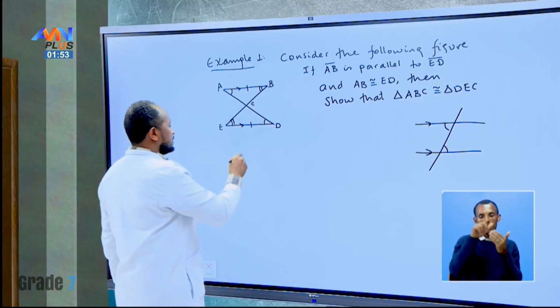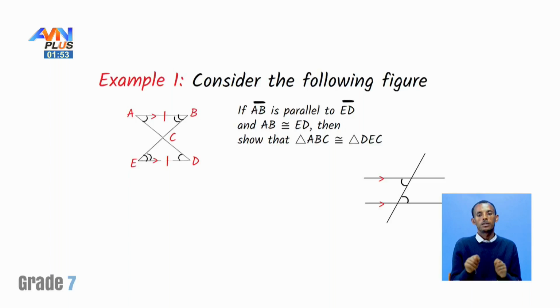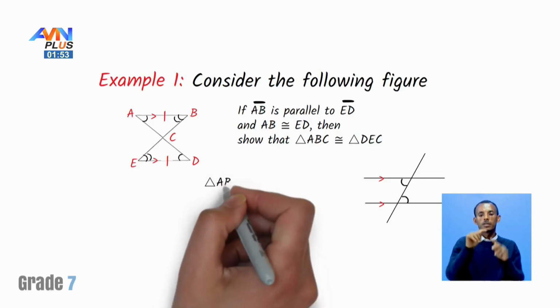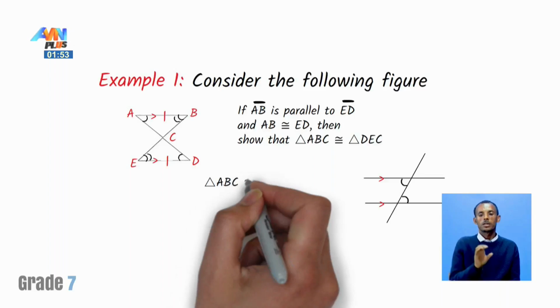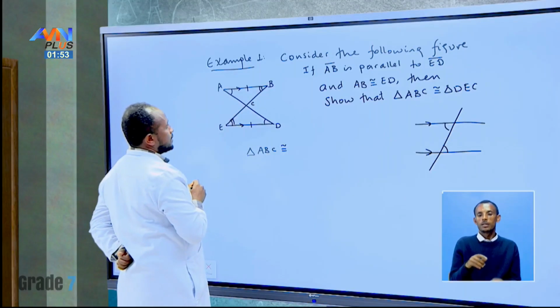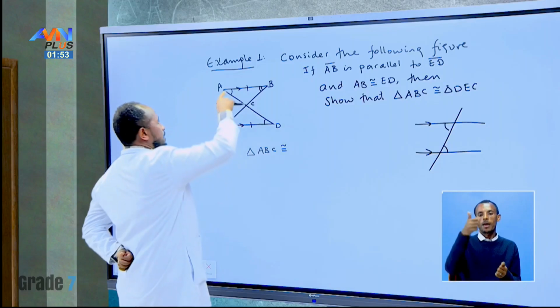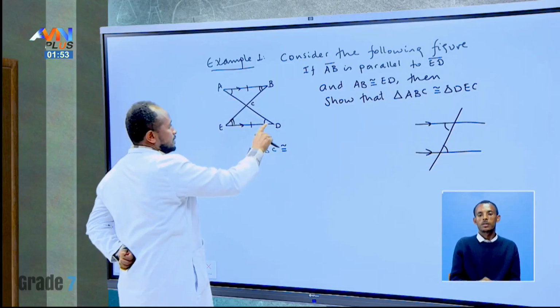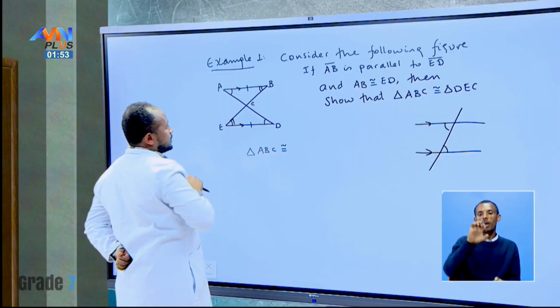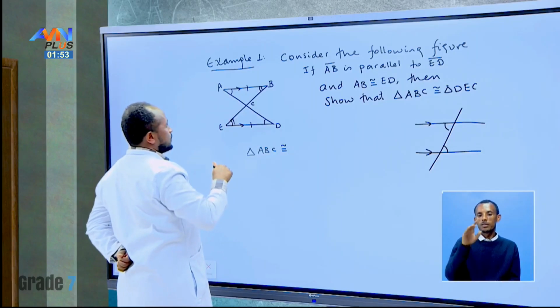Therefore, here, triangle ABC is congruent to triangle, look at the order. How do they fit each other? A fits with D since they are congruent. B fits with E. So I'll write in the same order for the lower triangle.